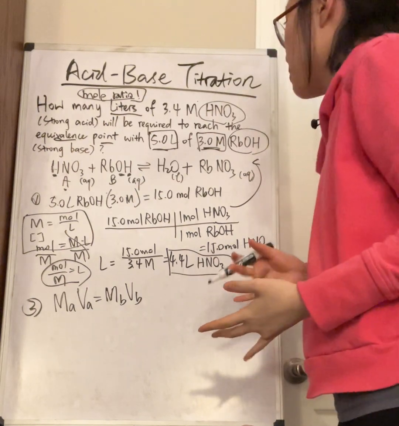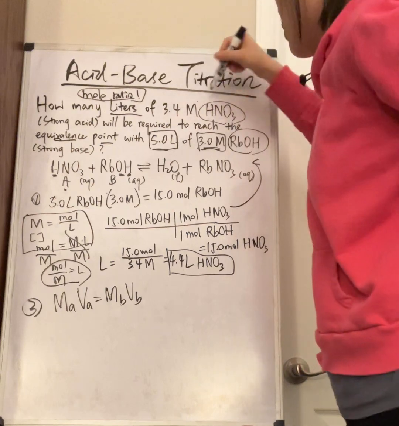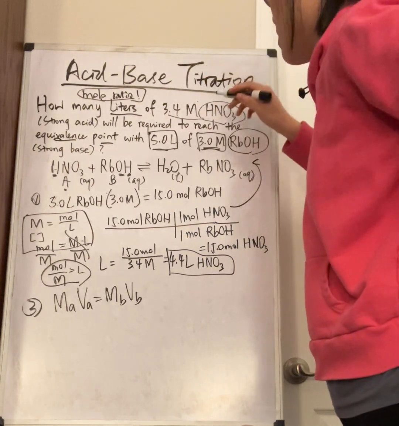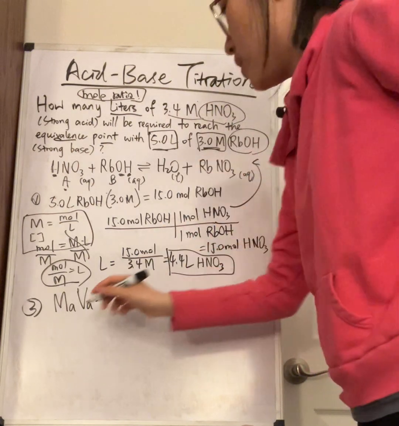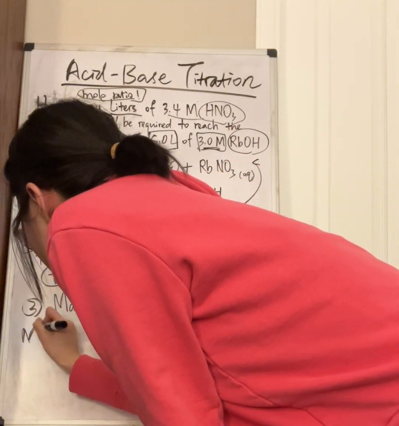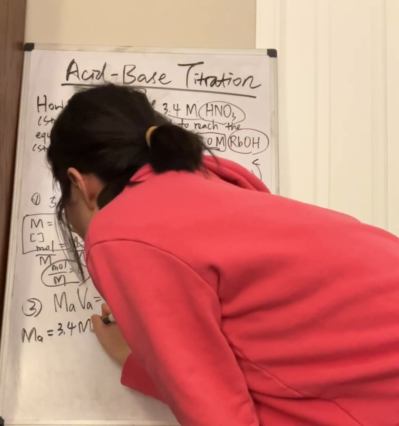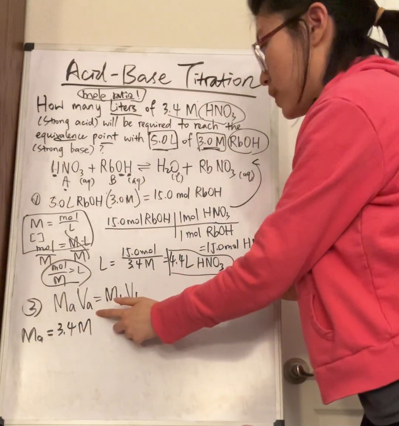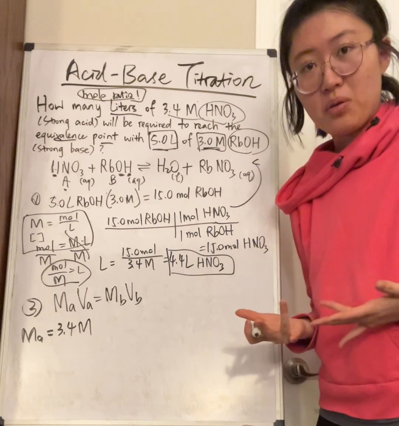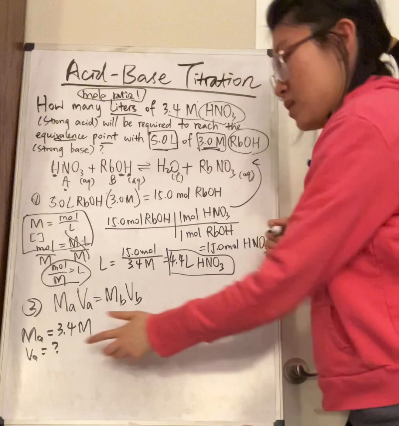Which means that this is an acid, and it's given to us the molarity of this acid. So this value must be MA. Okay, so MA is going to equal 3.4 molar. Okay, so what is VA? Well, VA is the unknown. We have to find it. So VA, I'll just leave as a question mark.